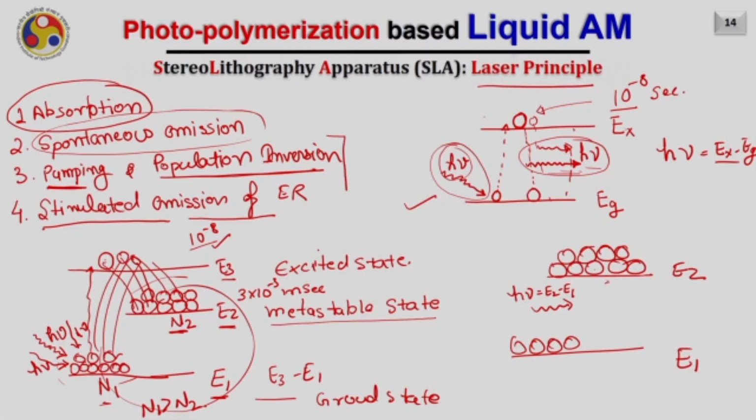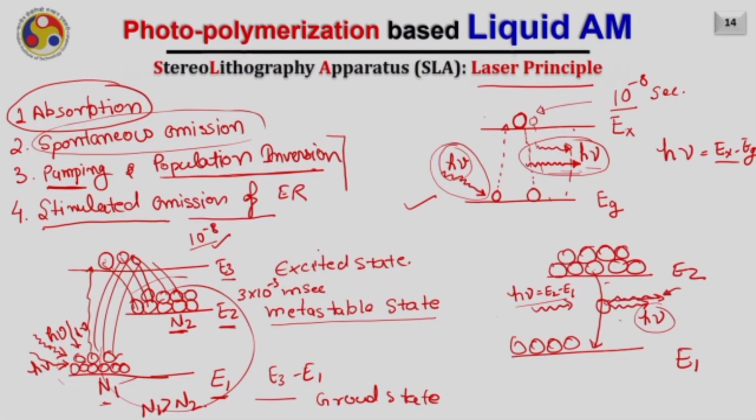So this particular electron, for example, goes down and emits a photon of h nu energy. This photon is not emitted on its own; the energy provided from the external source stimulates this photon from the electron.